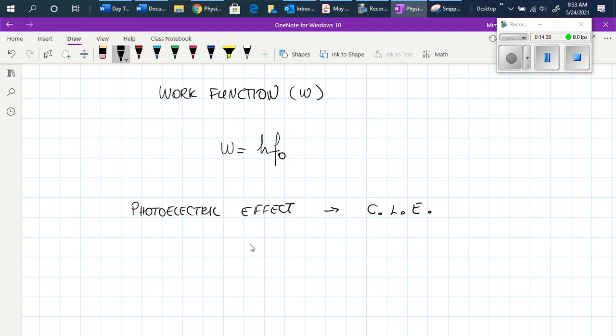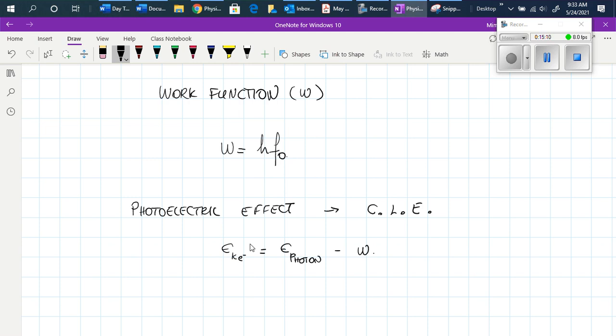And the genius of Einstein, beside all the other things that he contributed to society, is that he was very simple and very basic in the explanation. So the kinetic energy of the electron is equal to the energy of the photon minus the work function.